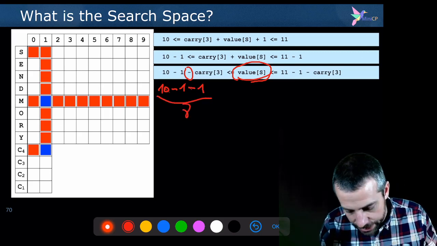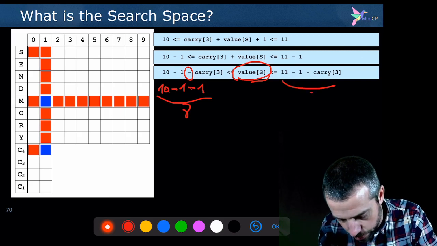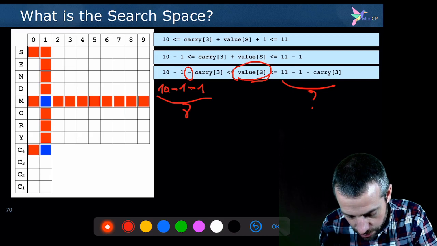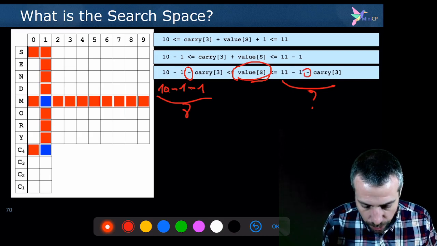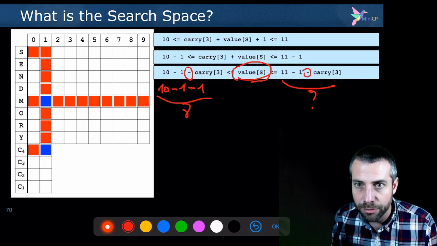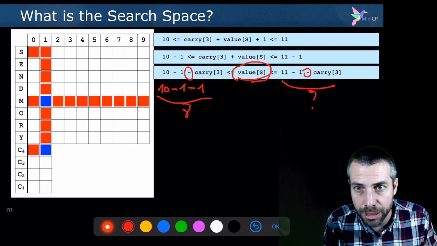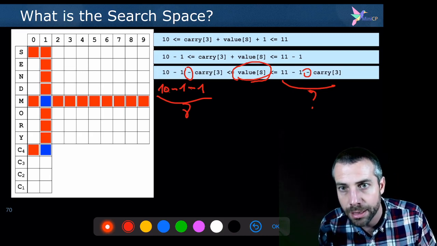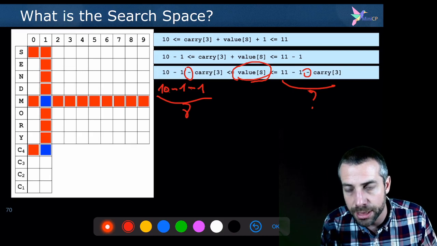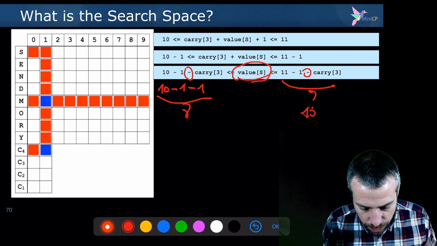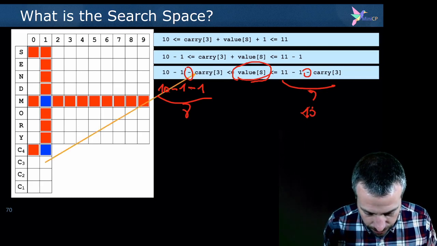On the other side, what is the highest possible value there? You want to be optimistic, and since you've got something that you want to remove, you will remove the lowest possible value because you want an upper bound on the domain of S. And so you will have 11 minus 1 minus 0. So 11 minus 1 is 10, minus 0, it means it's still 10. And so the value of S should be between 8 and 10.